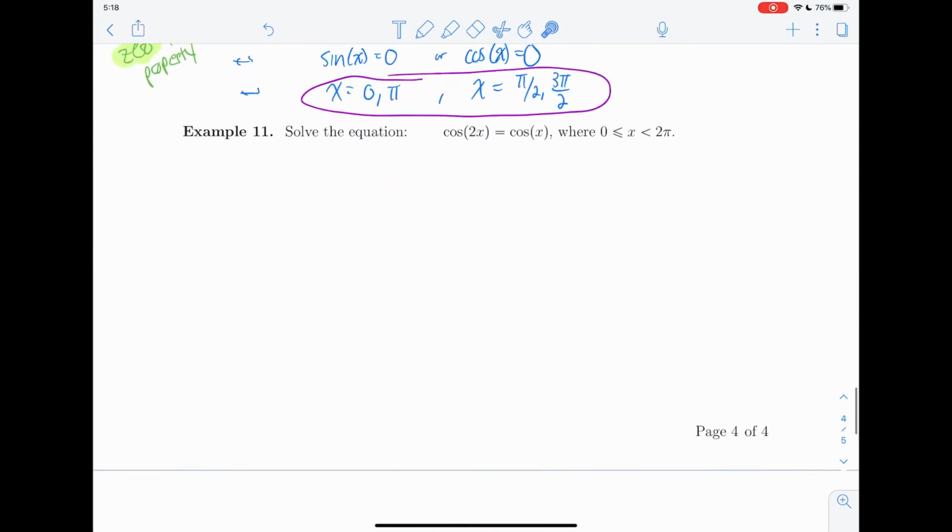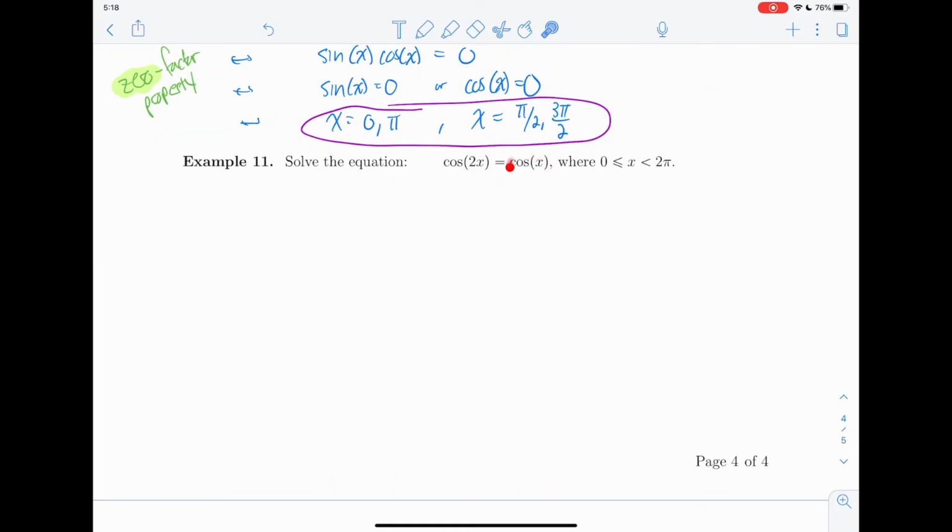Once we're at this problem down here, because the other side has a cosine, we might actually choose to instead swap cosine of 2x out for a cosine variant. The cosine variant, if you go back into your notes, is 2 cosine squared of x minus 1. That's the trig identity that we're using.